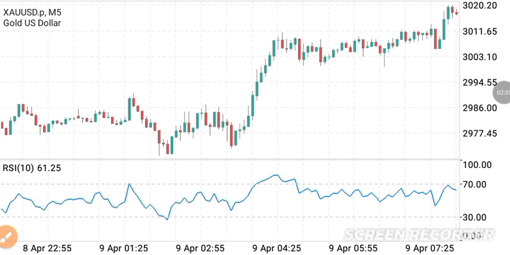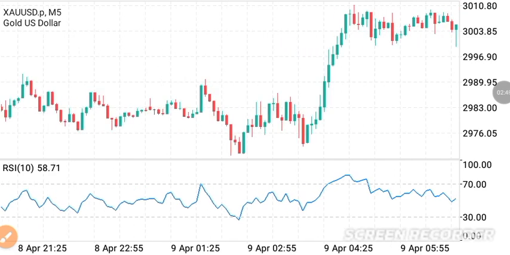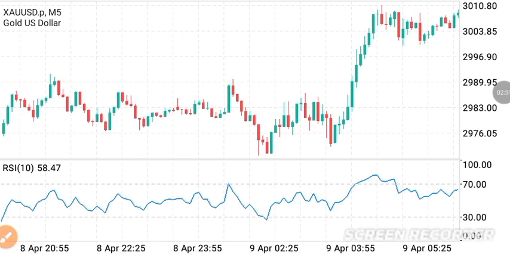Another way you can use it is using divergences, and in divergences there are hidden divergences and regular divergences. Number three, that is the way we are going to trade. It's momentum trading. RSI is a lagging indicator, so it is going to lag.